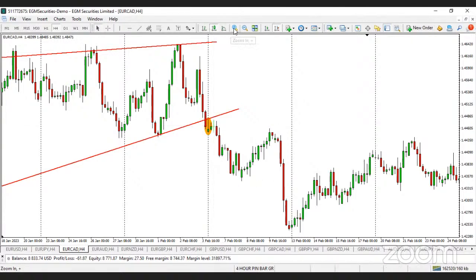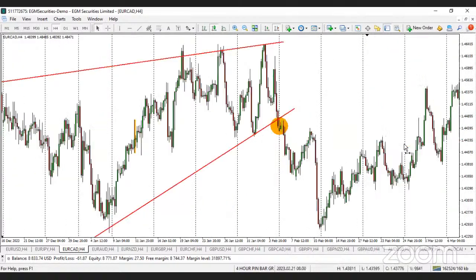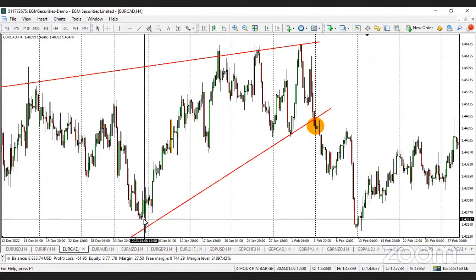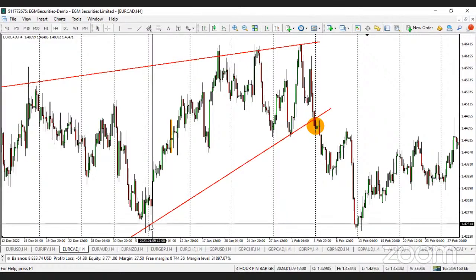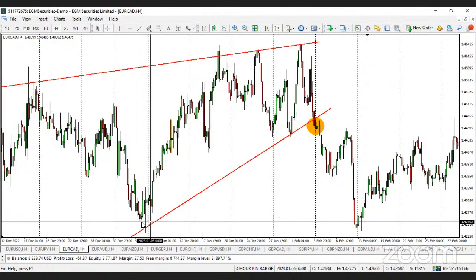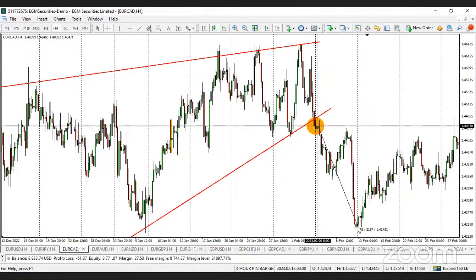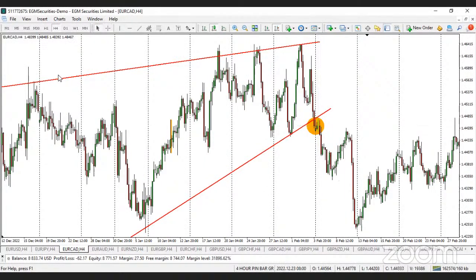And where the momentum fizzled out, it's right along where we had the previous low. So if you had set this as your targeted area of exit, you could have had that trade closing by around 220 pips right from the entry point.